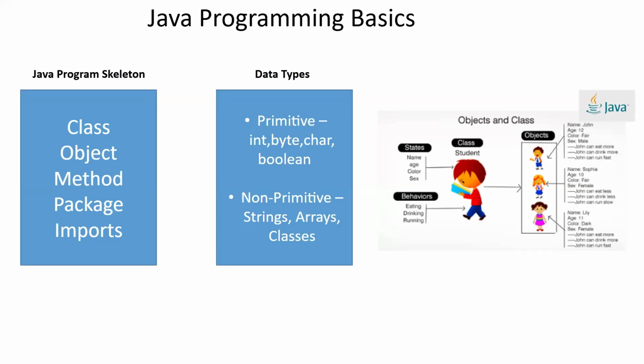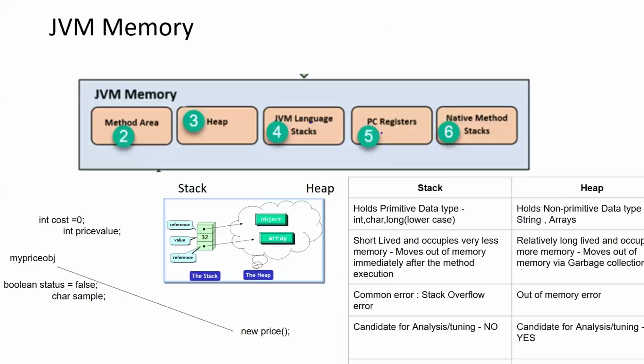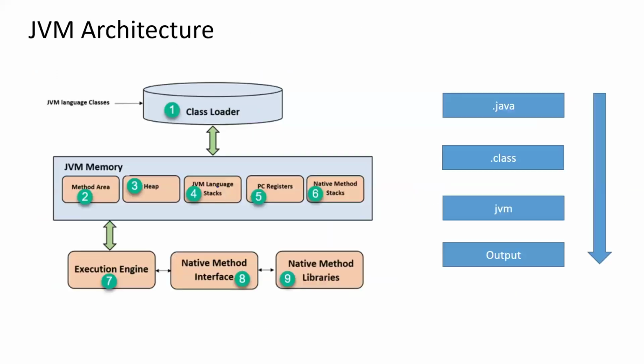I was talking about the primitive, non-primitive, and class loader, right? Now, as I mentioned earlier, when we analyze a performance problem and troubleshoot a response time issue or a memory issue, we're going to keep talking about these terminologies, okay?